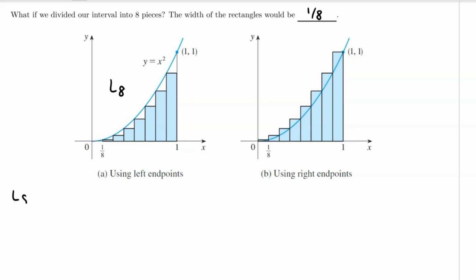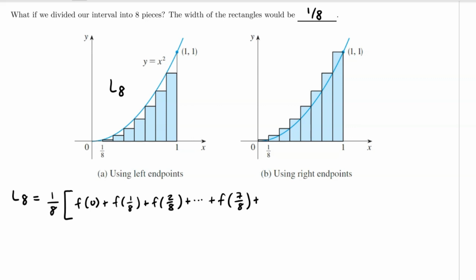So let's go ahead and start to calculate that. L sub 8 is going to equal, once again, each of our rectangles has a width of 1/8, so I'm just going to factor that out, and inside of my brackets, I want to add up all of the heights of my rectangles. That's going to be f of 0 plus f of 1/8 plus f of 2/8 plus dot dot dot plus f of 7/8.